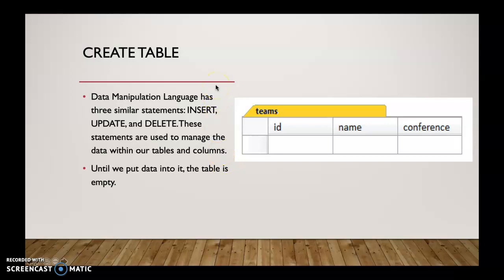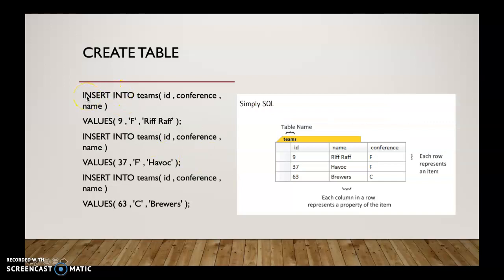So to create the rest of the information inside, we use this information. We insert information into the teams table, and remember that we are using an ID, a name, and a conference, and we use it in the same way we are writing it.